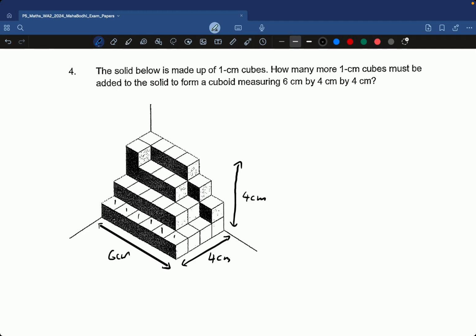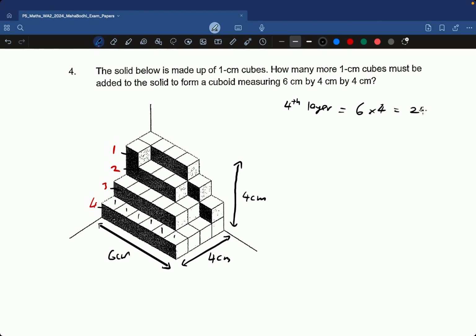Okay, so we have layers. We have 1 layer, 2 layers, 3 and 4. Let me make it red. So I have first layer, second layer, third layer, and fourth layer. Let me write it down properly. So the fourth layer is equal to 6 times 4.